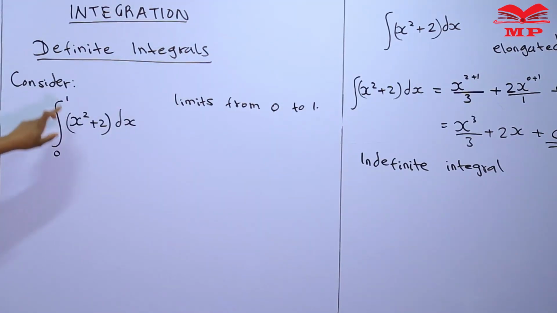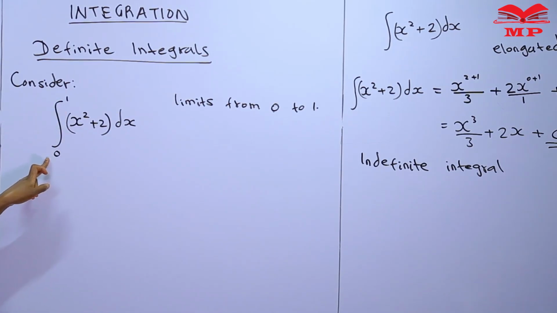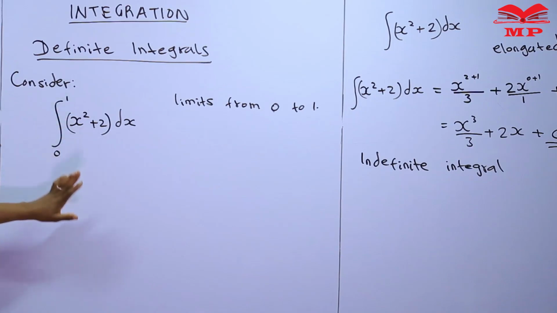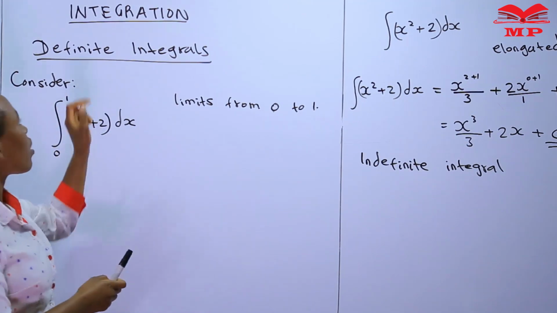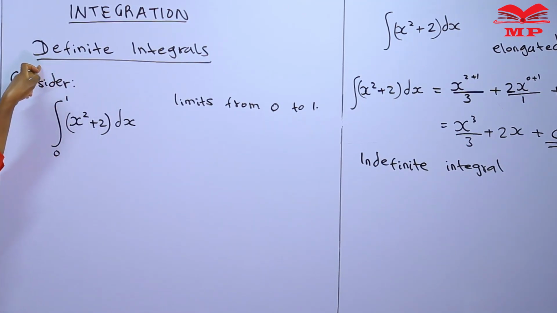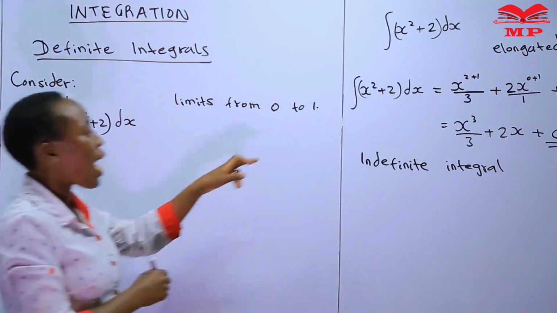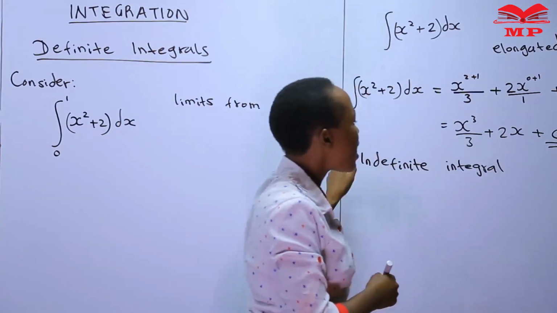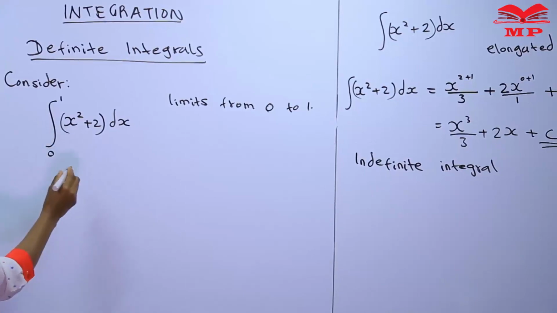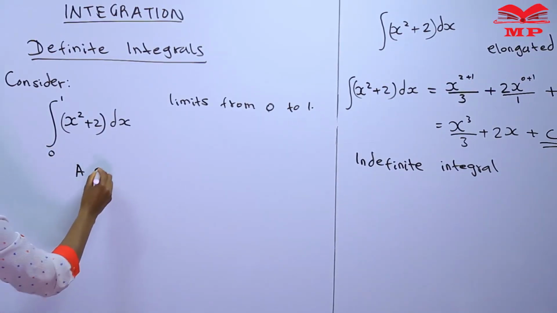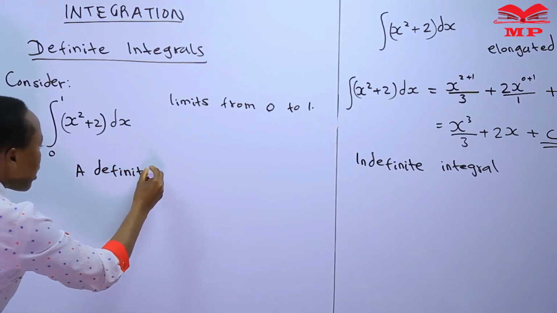When a function has the limits specified, like from 0 to 1, from 9 to 10, from -1 to 7, then we say that we have a definite integral. In the earlier case we got an indefinite integral because the limits were not specified. In this one we are going to get a definite integral.